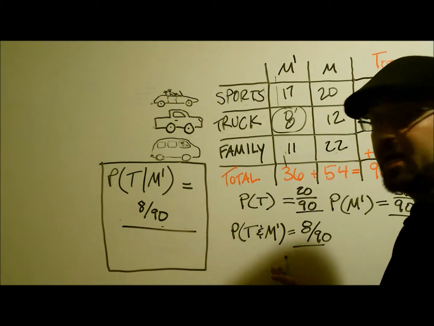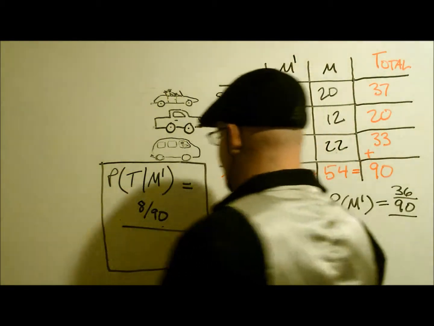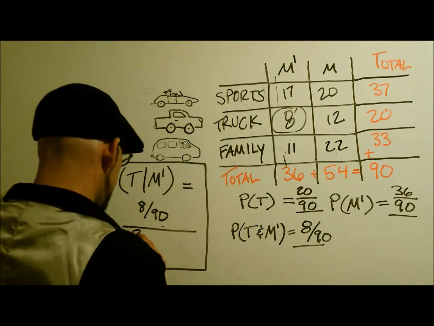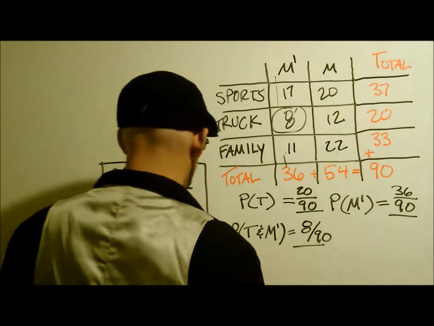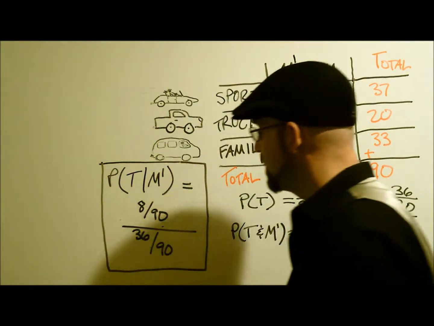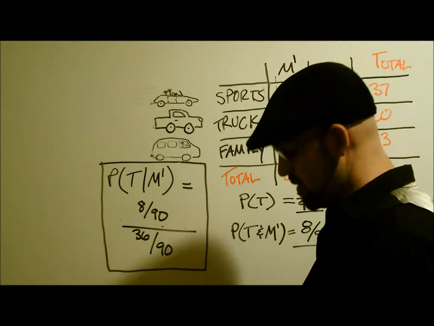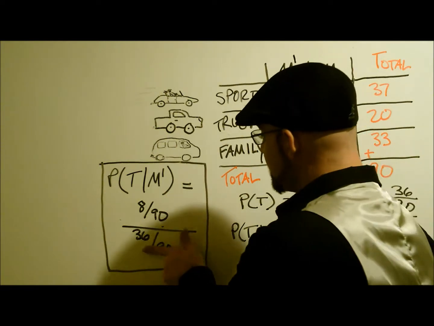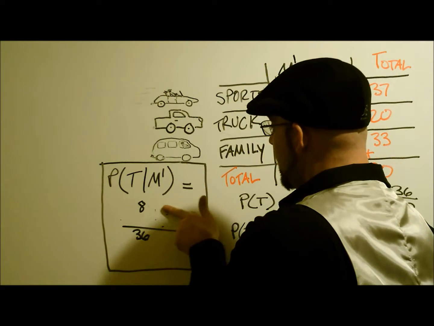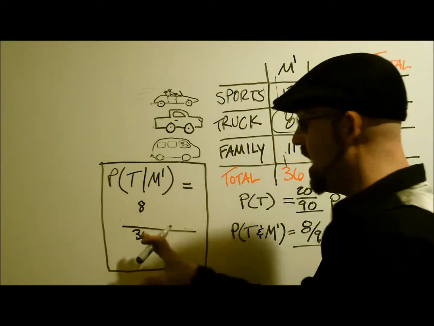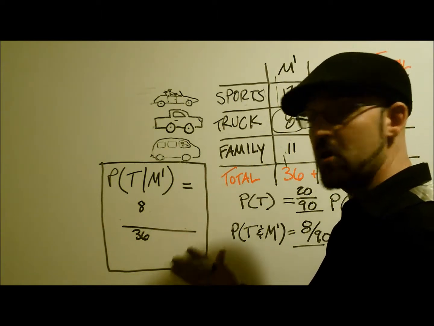And we know the probability of not being married to be 36 over 90. So, what does that mean? Well, if you cancel all this out, all we're left with is 8 over 36.